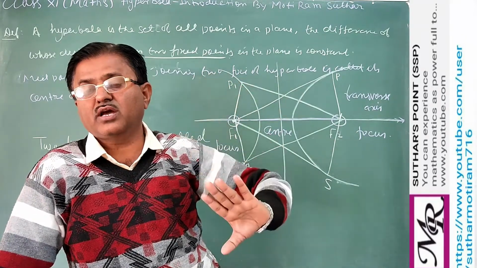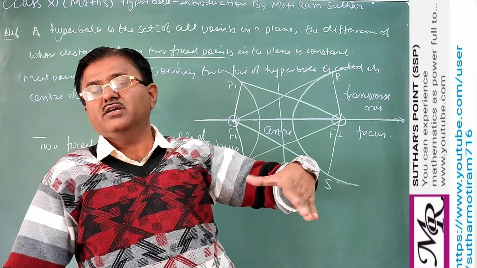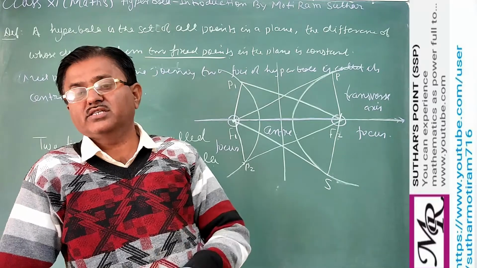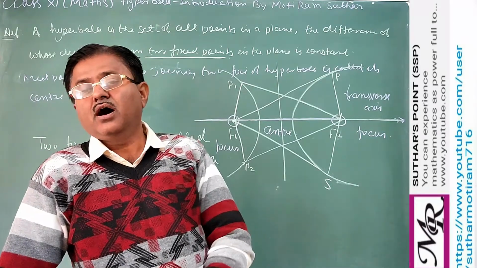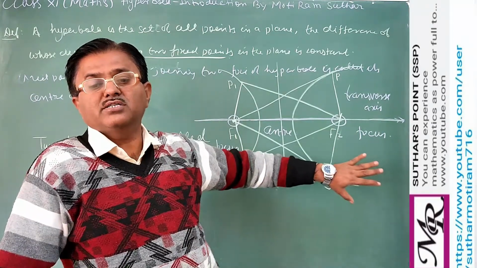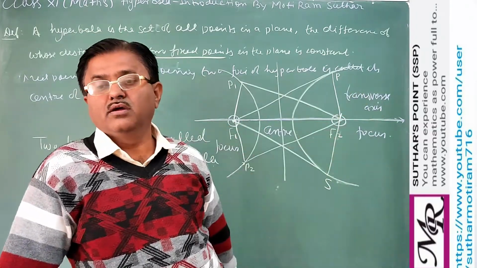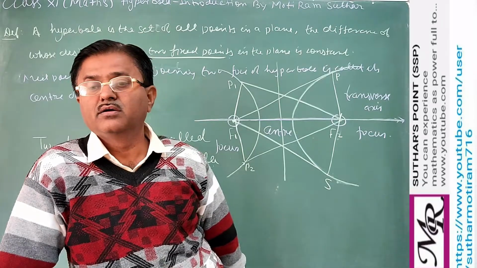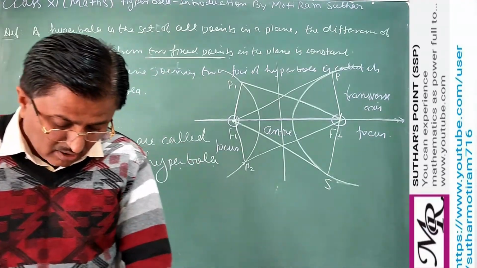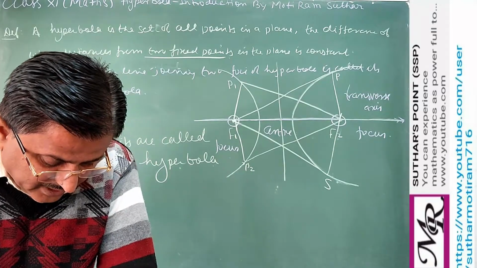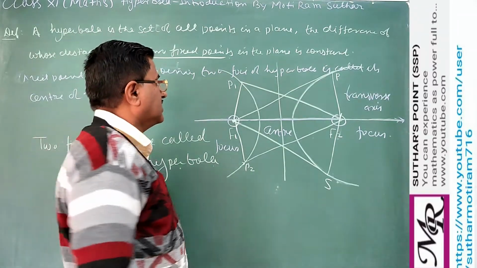Ellipse में हमने इसको क्या नाम दिया था? Major axis. But here we give it the name transverse axis. What is the transverse axis? A line which is passing through the foci of a hyperbola. Clear?